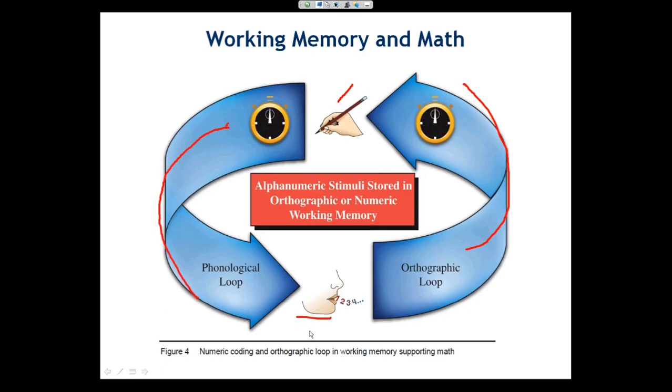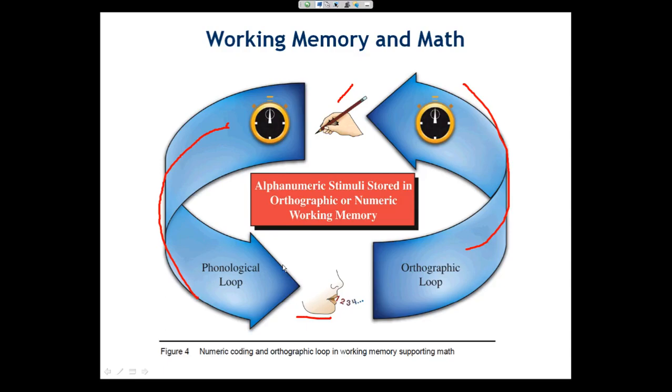So the numeric and orthographic coding in working memory are constantly engaged as we're trying to store the symbols, just like you're trying to store the symbols in reading. So you're looking at the working memory demands from math as being very similar conceptually to the working memory demands for reading, because both involve, at certain grade levels, symbolic information.